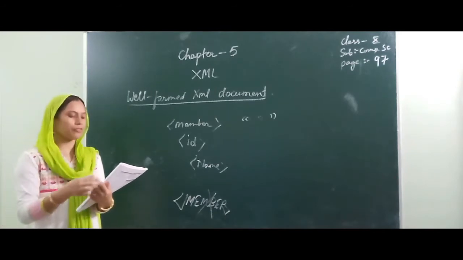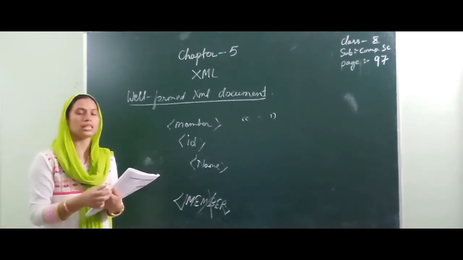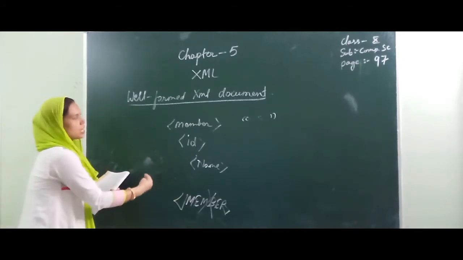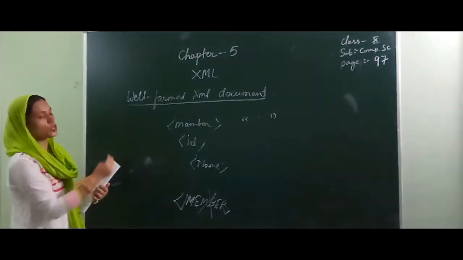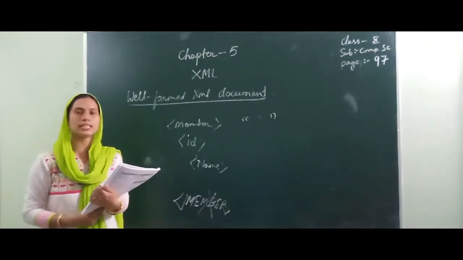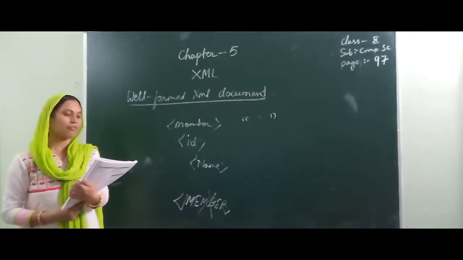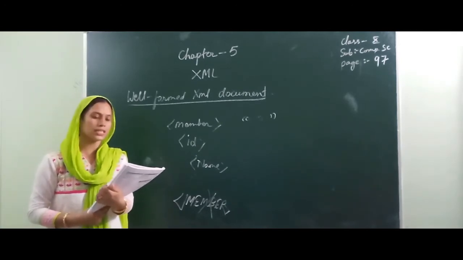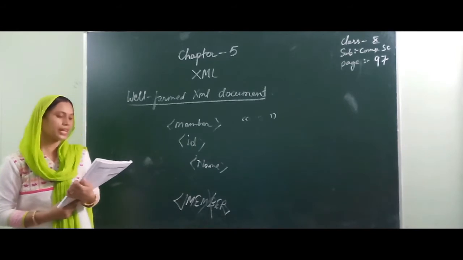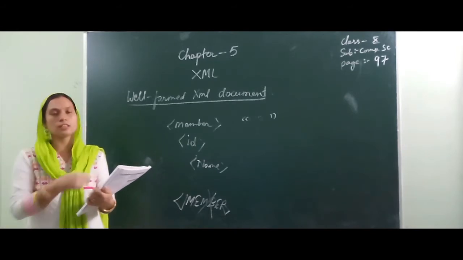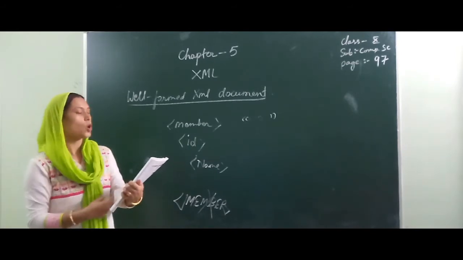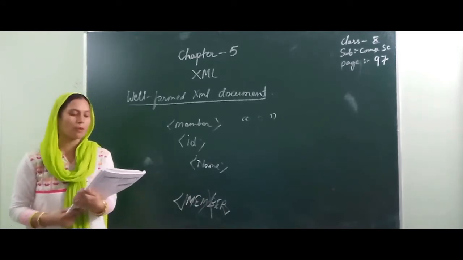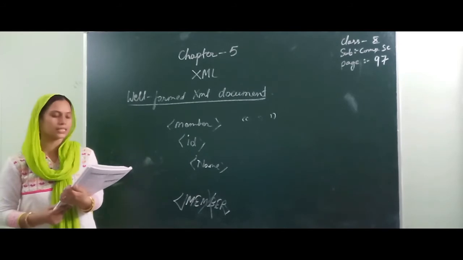This document type definition will provide you a list of element content. That means the names of the elements which are going to be contained in your document will be identified in the DTD. So in a validating document, you should have a valid DTD, and the relationship of the elements to one another. That means all the list of the elements plus the relationship of the elements will be written in the DTD.